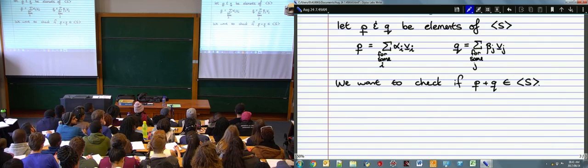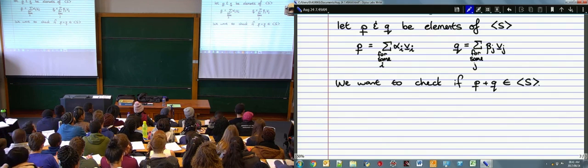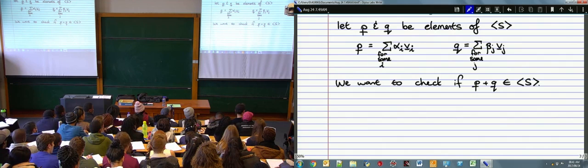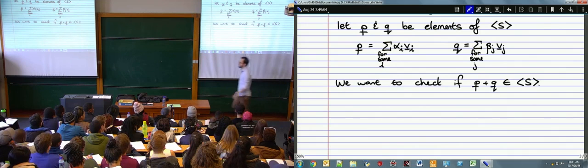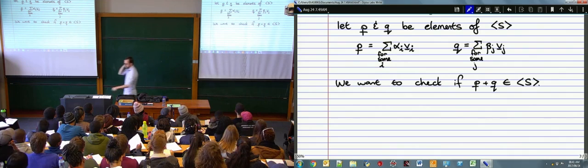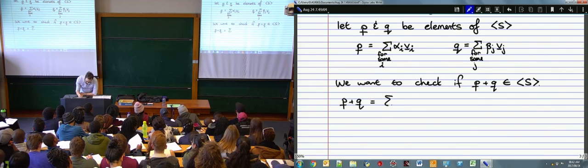For P, we're just adding up a bunch of vectors, and all those vectors were in the set S. And for Q, we're just adding up a bunch of vectors, and all those vectors were also in that set S. So when we add up these two linear combinations, we're still just doing addition, right? We're not suddenly introducing some new operation. So P plus Q is just going to be this sum over here.